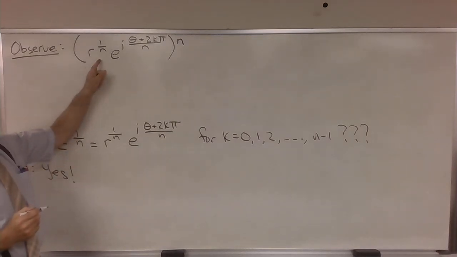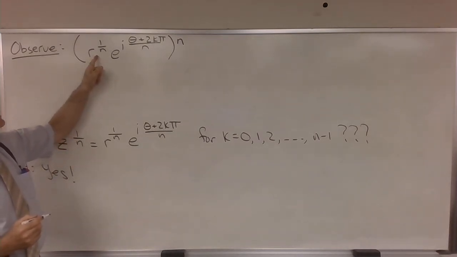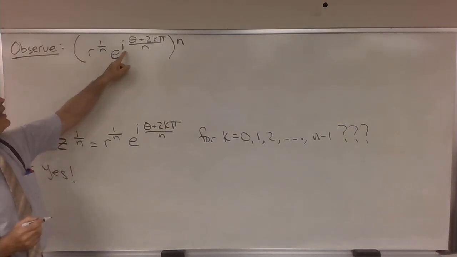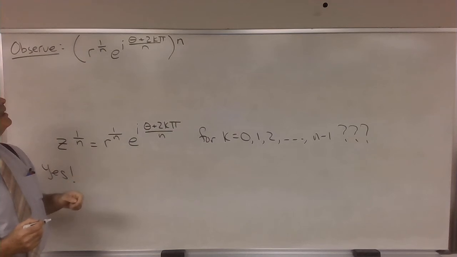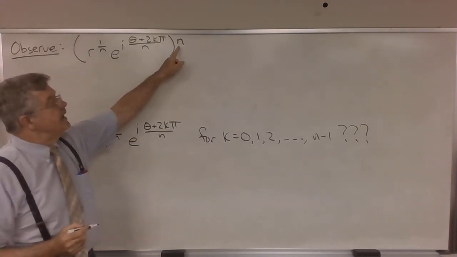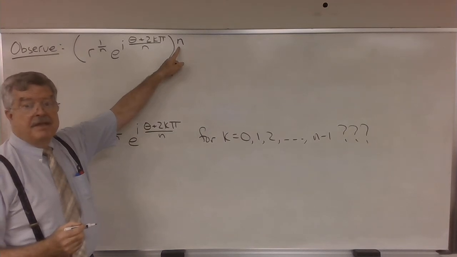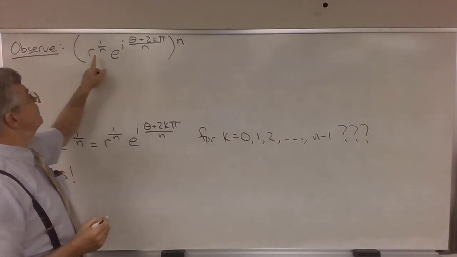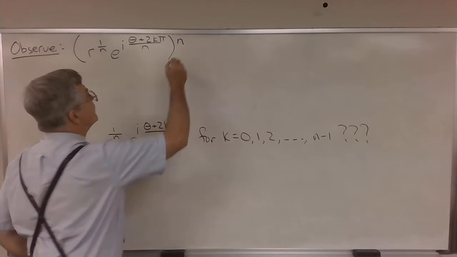And first we notice we have a product. We have r to the power of 1 over n times e to the power of i times garbage. So we have a product, this thing times this thing, raised to the n. The exponent will distribute to both of these factors.